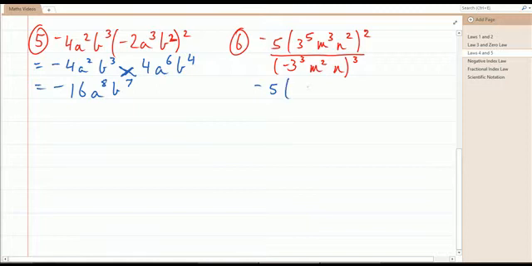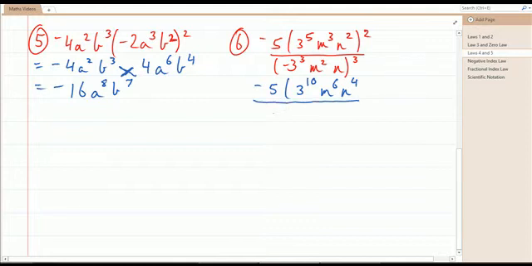-5 staying out the front of this one. Well, this is getting confusing. 3 to the power 10, multiplying those powers, 5 times 2 is 10, m 6, and n 4.